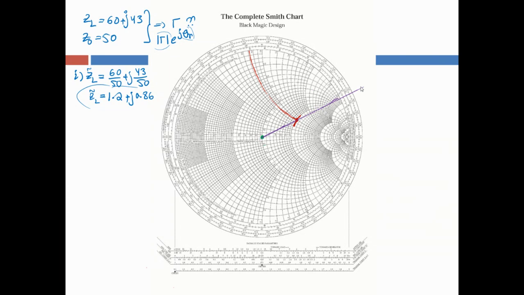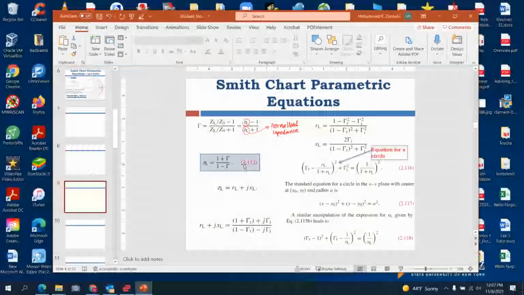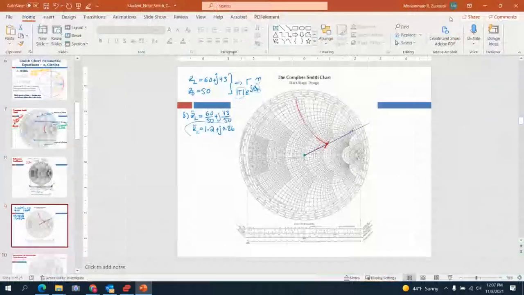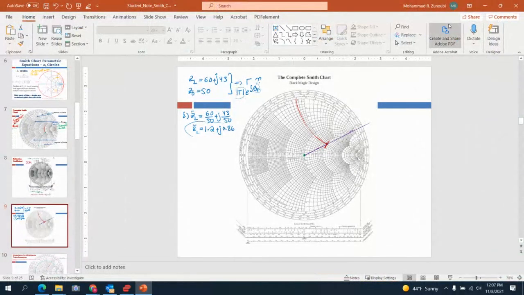Now, in order to measure the magnitude on the Smith chart, let me see if I can actually zoom in a little bit. I don't know if it is going to do it. It doesn't. I don't know in the PowerPoint when we are in the presentation mode. Oh, this is really small. Unfortunately, it doesn't work.